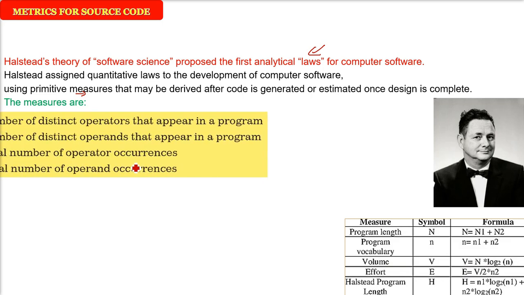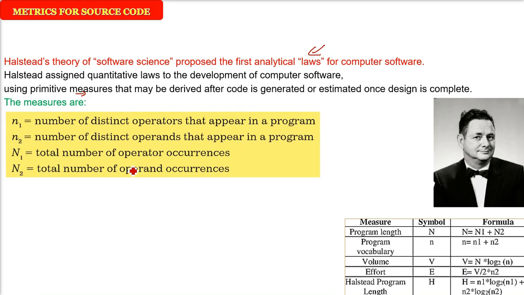And the basic measure, the basis of Halstead theory or source code metrics, is how many operators and operands there are. I'm just writing a very naive, easy code, and I'm trying to point out what the operators and the operands are.